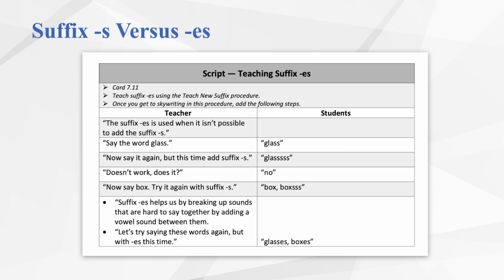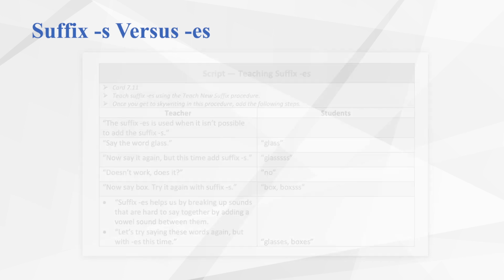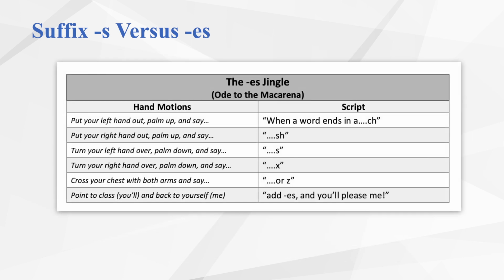Here's the exercise that we do that may come in handy. On the screen now, you're seeing the script that gives some information about the hand motions that we would use to teach this jingle of when to use suffix es. I will point out that the very beginning part of the script is important, and a lot of times people leave it off. You want to make sure that students understand that when the word ends, it's the ending sound that determines if suffix s or es is correct.